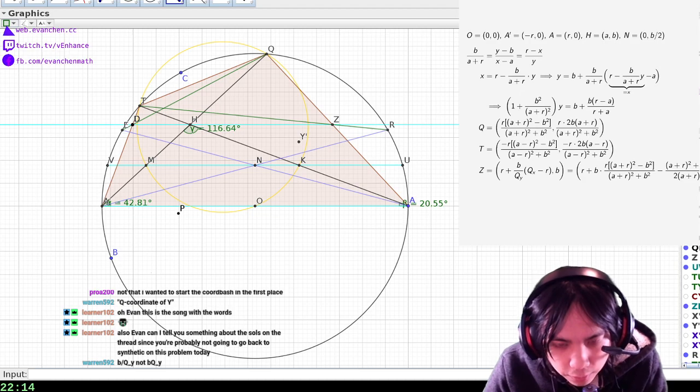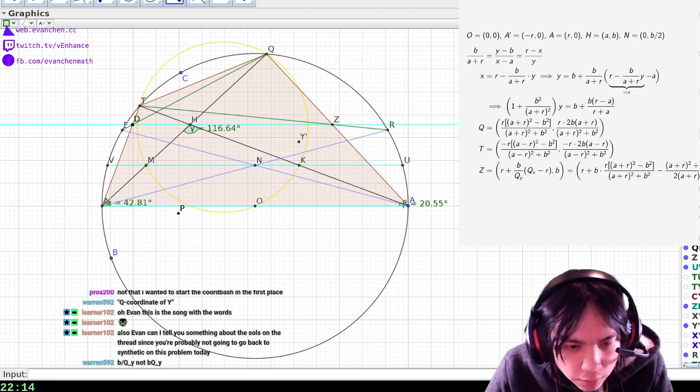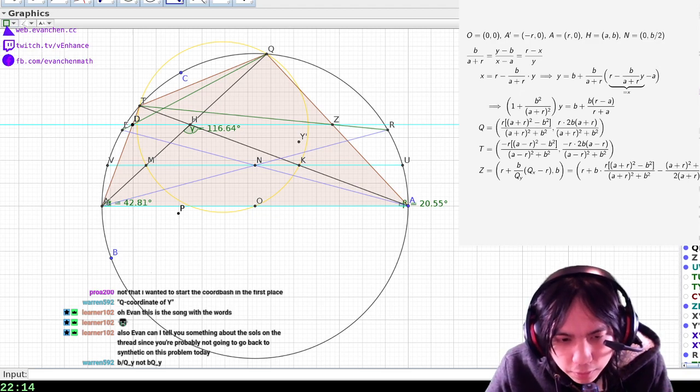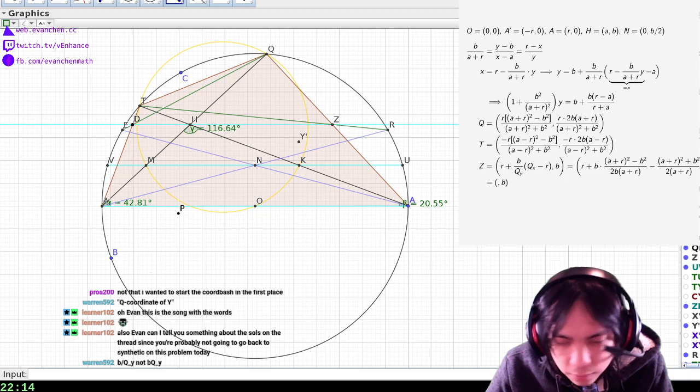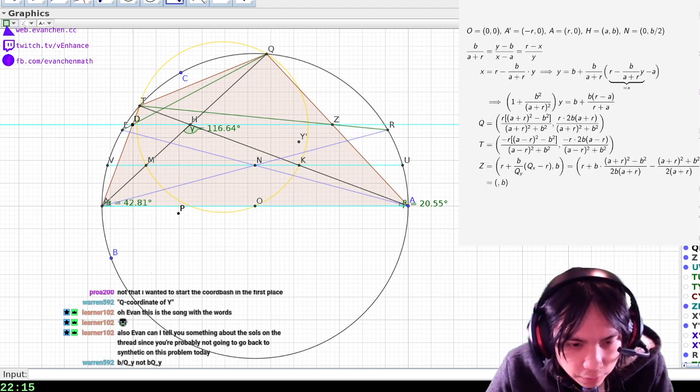And then minus rb over qy. Okay, so the point is this b also cancels.